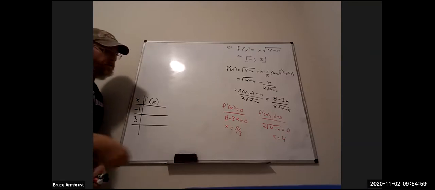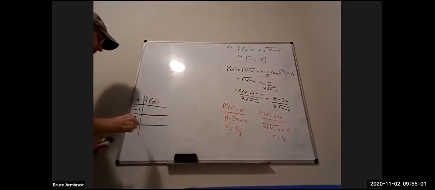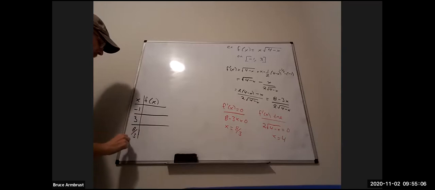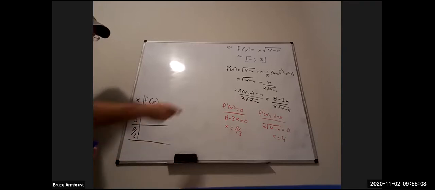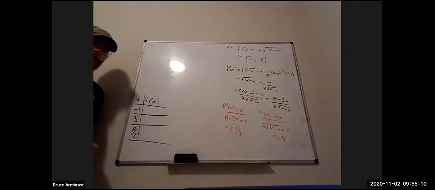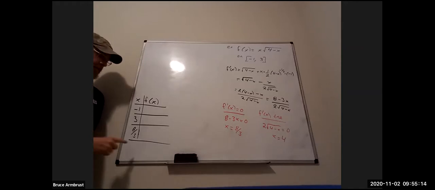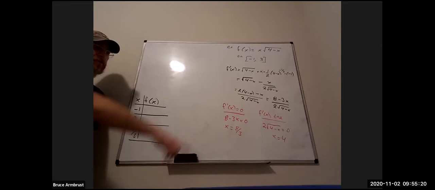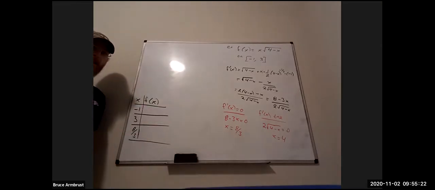So then let's go to our critical points. I've got x equals 8/3. And then I have x equals 4. But you'll notice I didn't write x equals 4. Why am I not going to include that 4 in my values that I check?